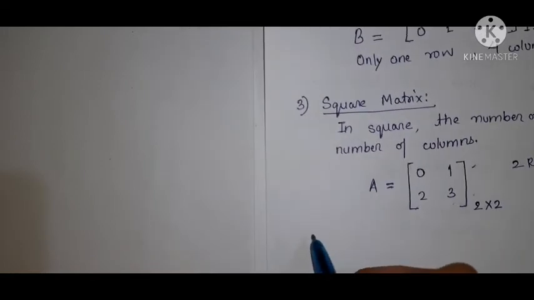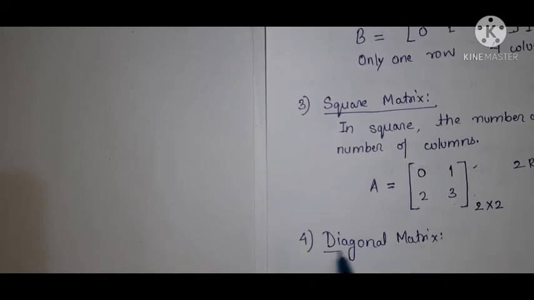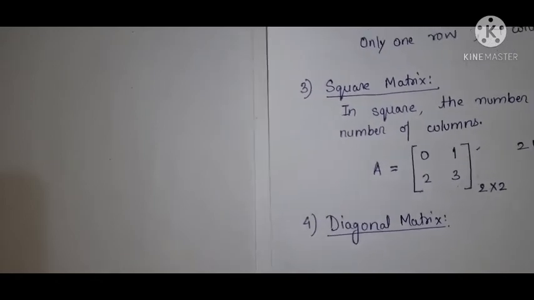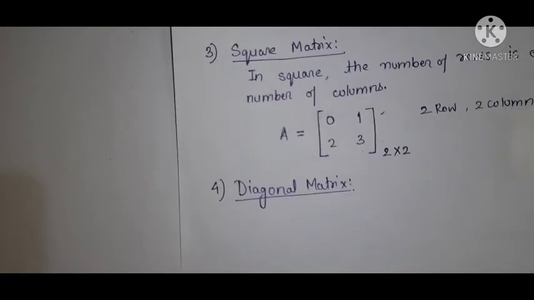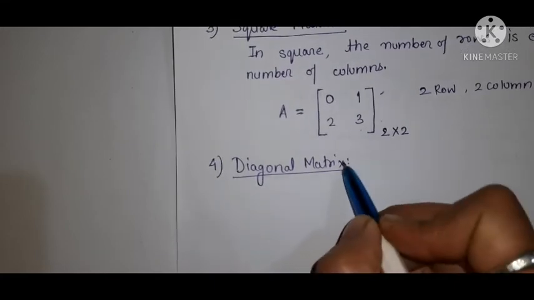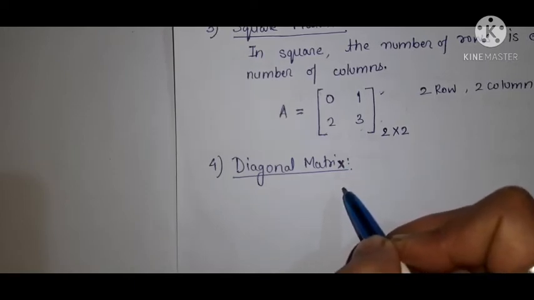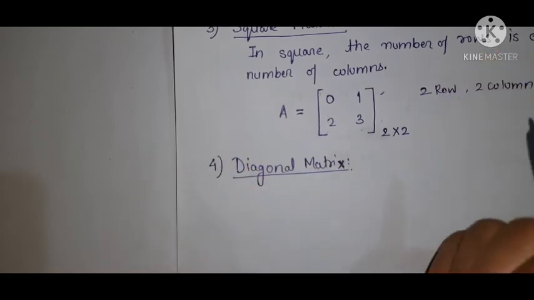Okay. So next we move to another type, that is diagonal matrix. So for a matrix to be diagonal, the first condition is it should be a square matrix. Means a square matrix can be a diagonal matrix.